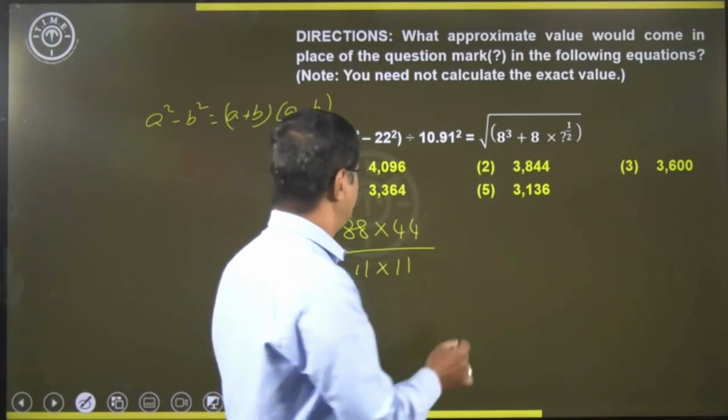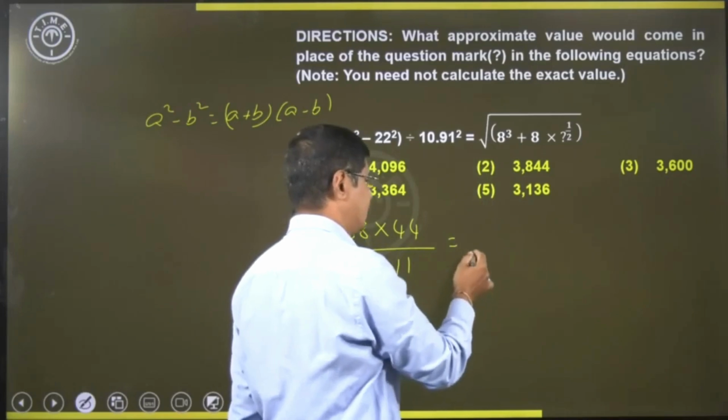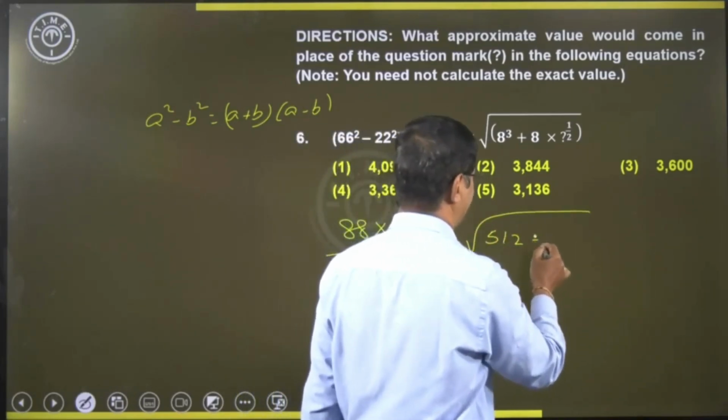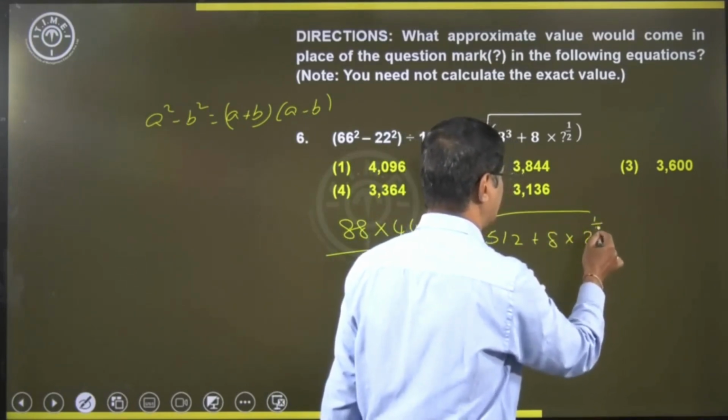Okay, which is equal to square root of 8 cube. 8 cube means 512, plus 8 into question mark to the power 1 by 2.